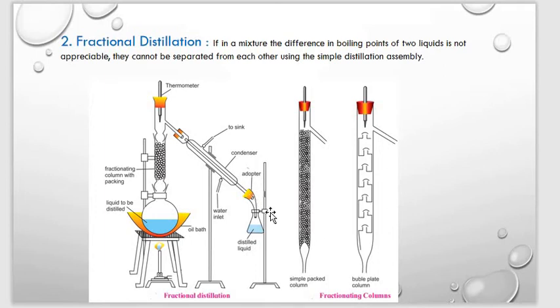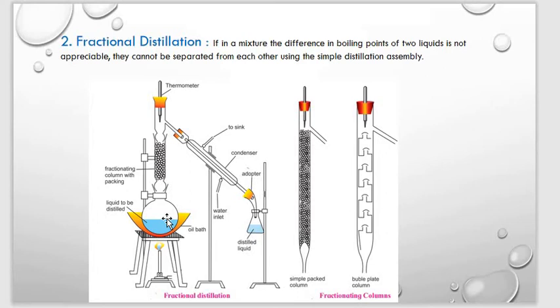Rising vapors become richer in A and escape through the fractionating column and reach the condenser, while the liquid in the distillation flask is richer in B. I am repeating here: liquid A will be collected in the receiver flask and liquid B will remain in the round bottom flask through this process.